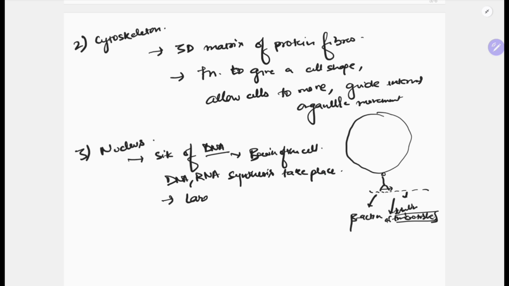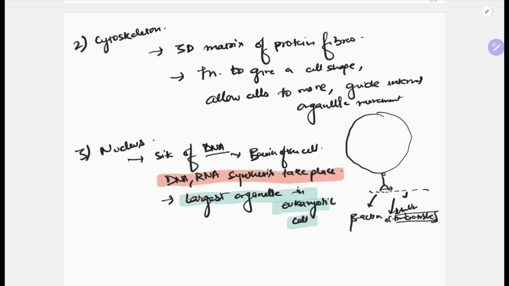So it is the largest organelle in a eukaryotic cell that you need to remember. It is the largest organelle in a eukaryotic cell, and also here the synthesis of DNA and RNA takes place.